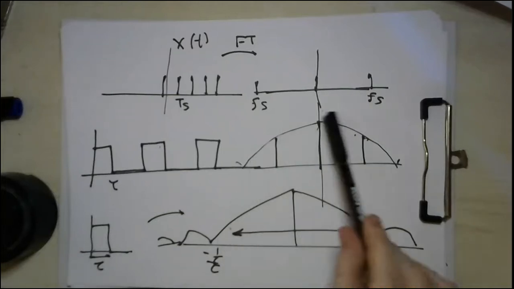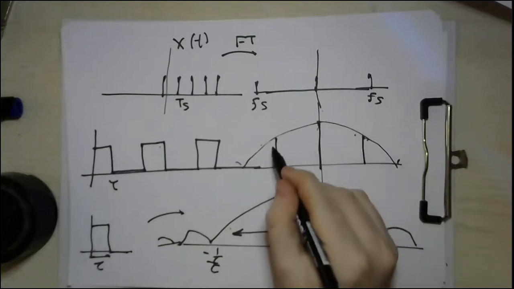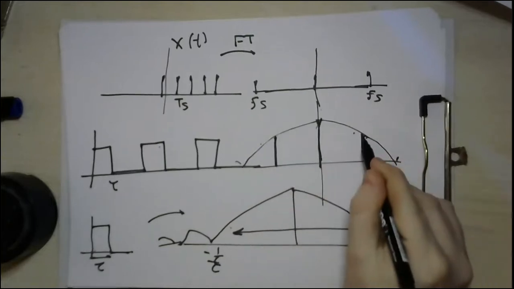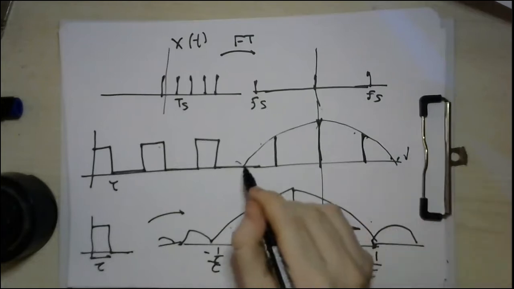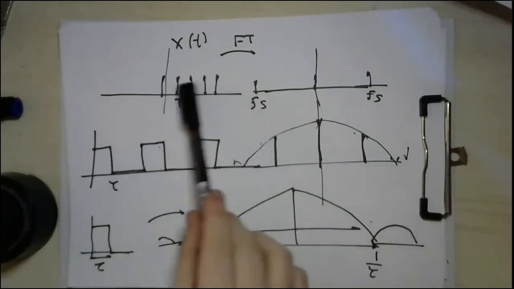It's typically the same thing, but it's a discrete thing. So this is just an envelope. The samples are this one here, and this one there, and so on. So you have a sinc envelope with discrete values, because this is now a periodic signal.